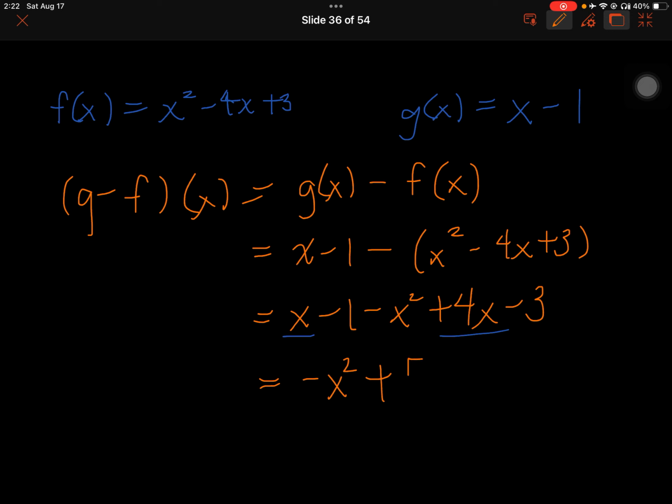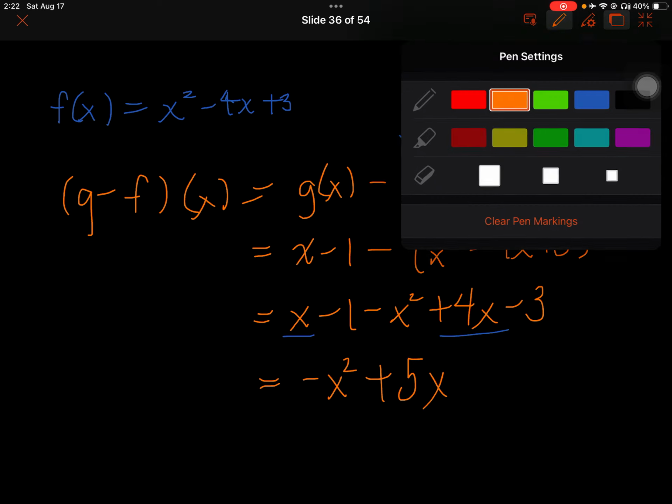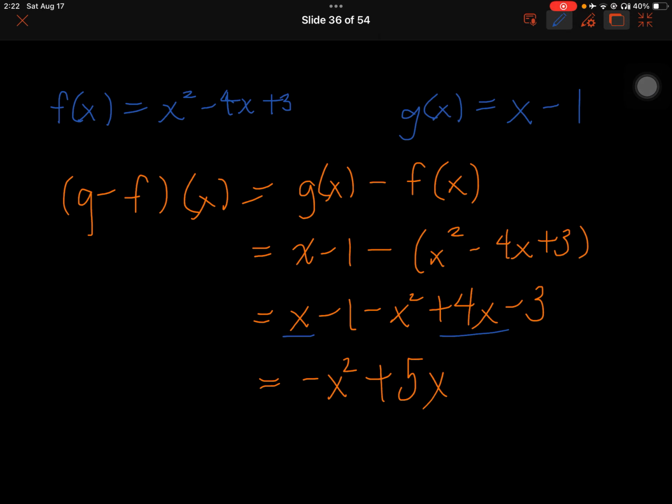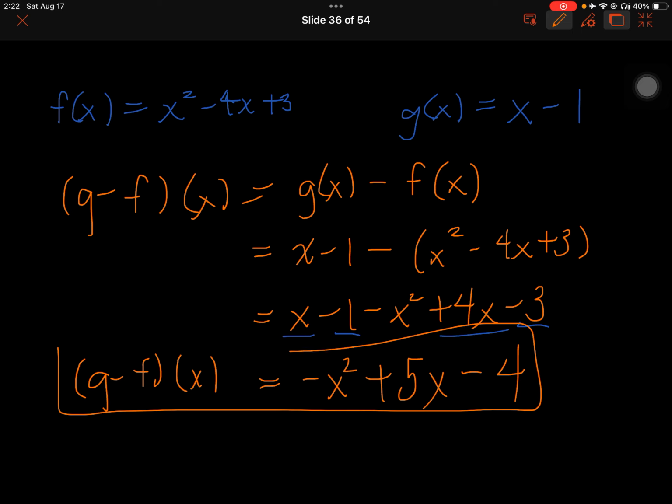So positive 5x. And next for that is negative 1 minus 3 is negative 4. Okay, so this is it. So g minus f of x is negative x squared plus 5x minus 4.